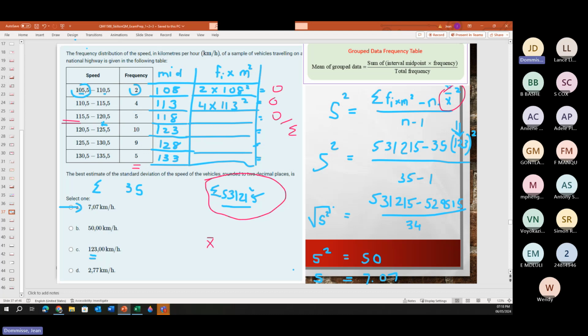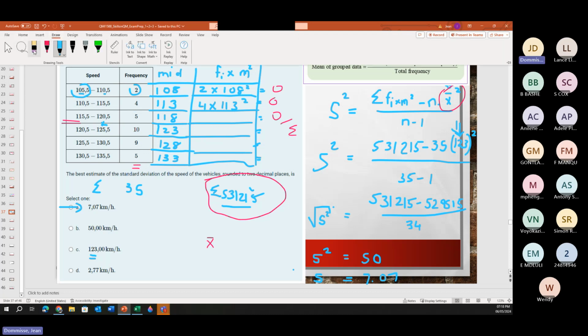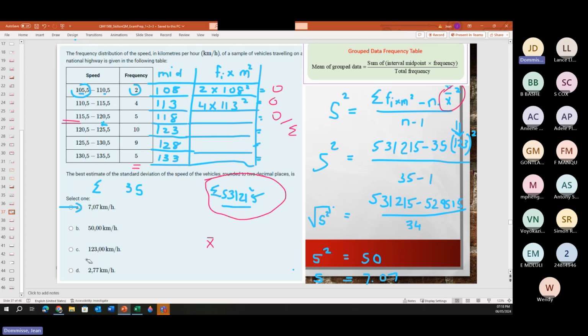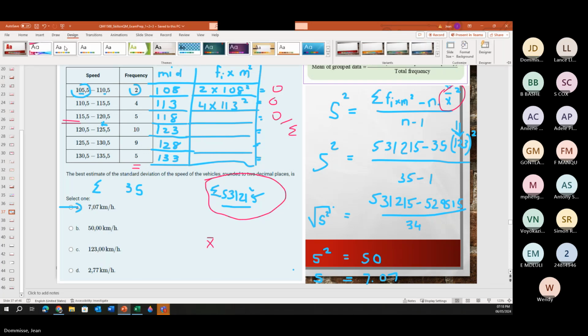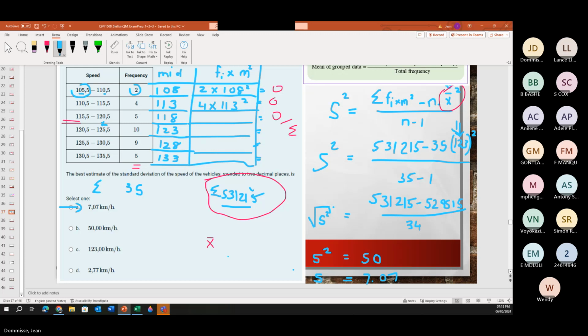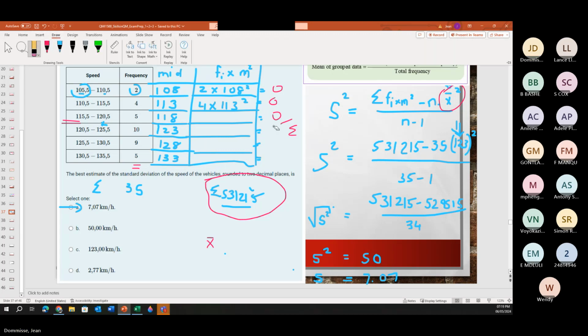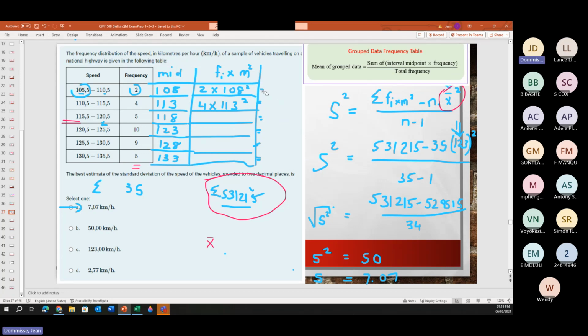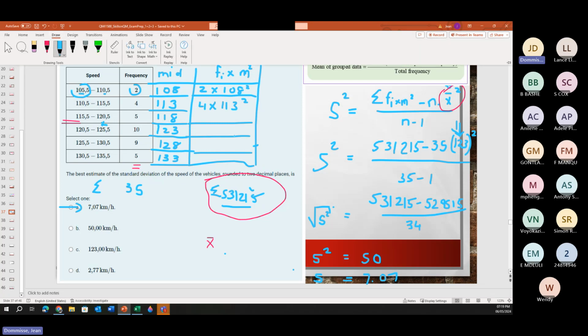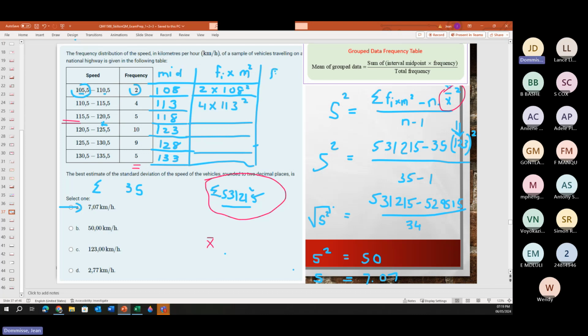This is really a long question for you to actually have done in the exam. So what is included here that we need to do is basically, let me just add it for you guys, frequency times midpoint.